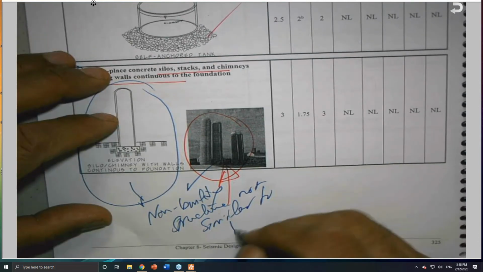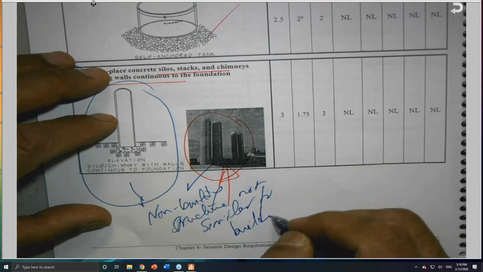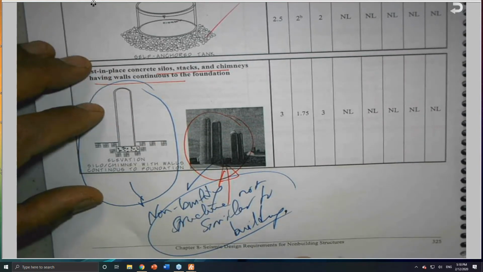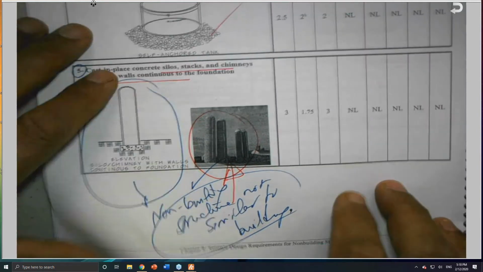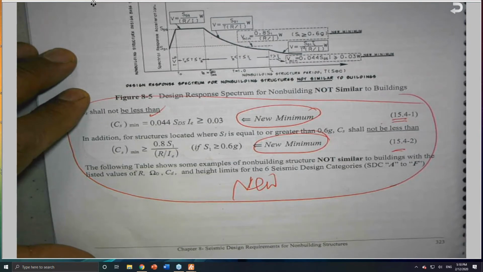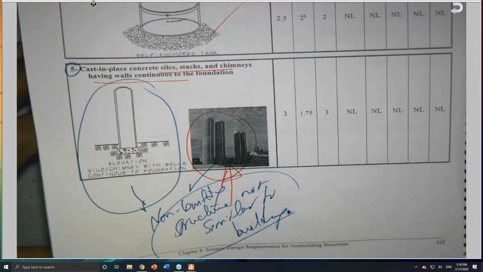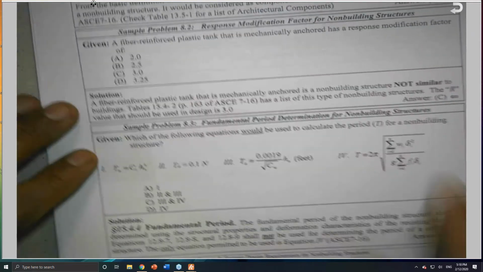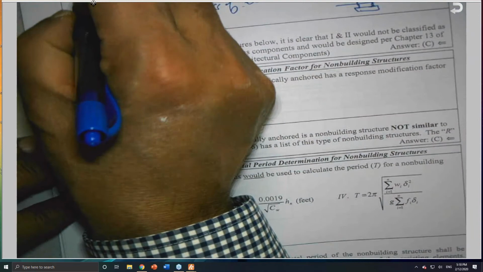Agree with me or disagree? If you disagree, let me know. Because under the title, if you flip the page, you will find on page 324, I have that: examples of non-building structures not similar to buildings. If you go to the previous page, you will find that. So for sure, yes.